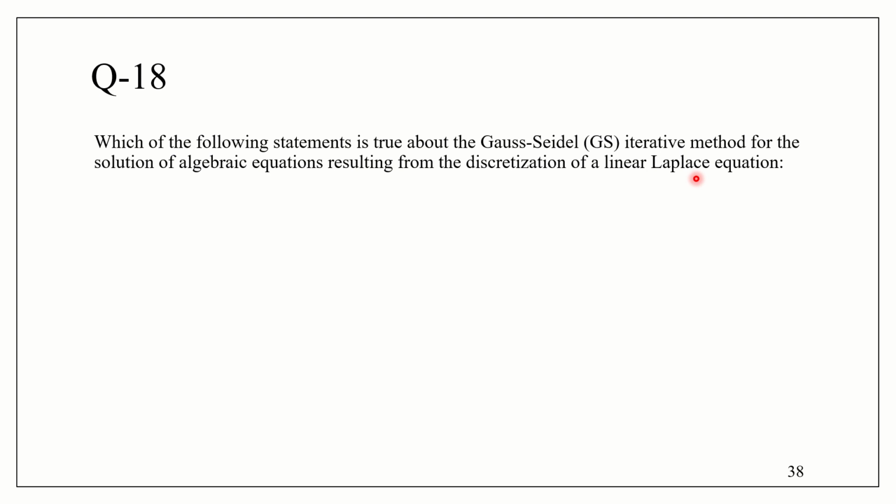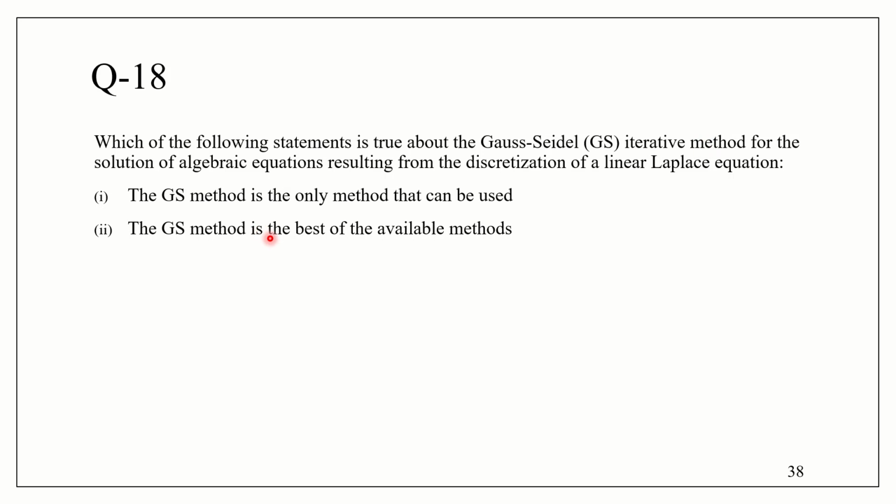At that time, if we are using Gauss-Seidel, which is an iterative method, which statements are true regarding its use when we are discretizing the linear Laplace equation? Statement 1 is that the Gauss-Seidel method is the only method that can be used. There are so many methods to solve the discretized equations, so option 1 is false because it is stating that Gauss-Seidel is the only method that can be used.